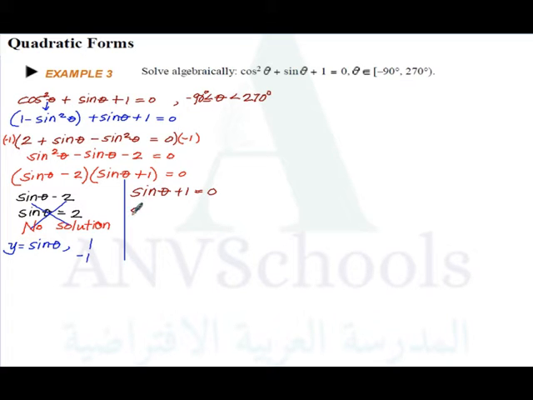So we have sine of theta is equal to -1, and theta will be equal to arcsine of -1.